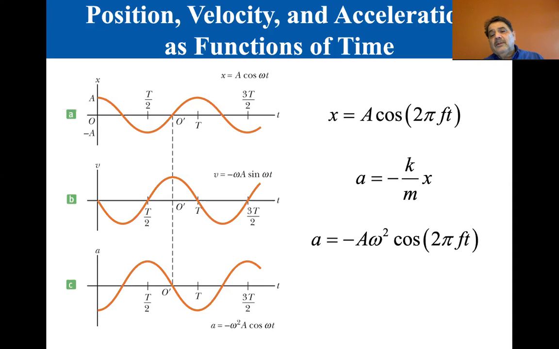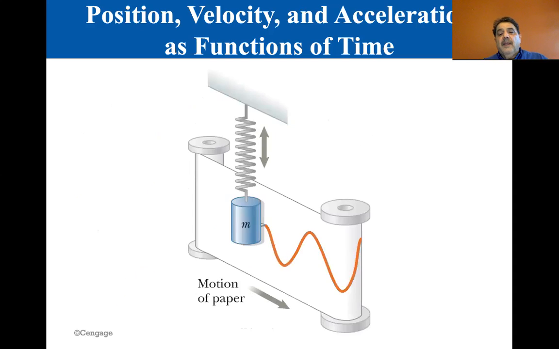And so acceleration is equal to minus a omega squared cosine 2 pi f t, given that x is equal to a cosine 2 pi f t. Now, before I get on to this, I want to go back.